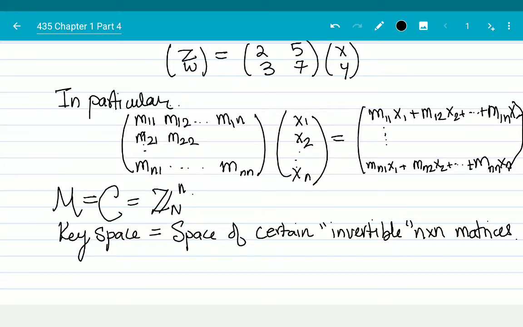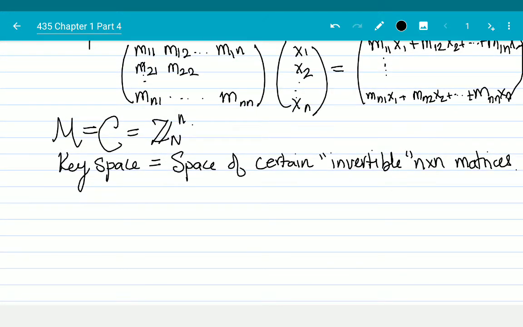If you are not familiar with the word invertible matrices, we will discuss it in a couple of minutes. And how does the message get encrypted?